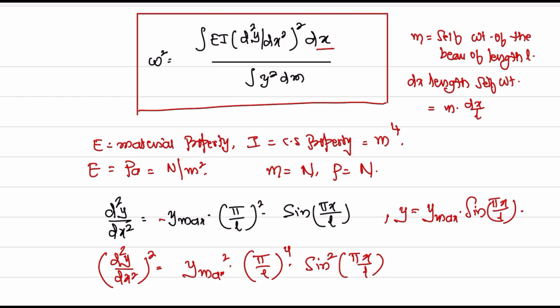Then what will be the value of dm? dm is equal to m into dx by L. This is for m.